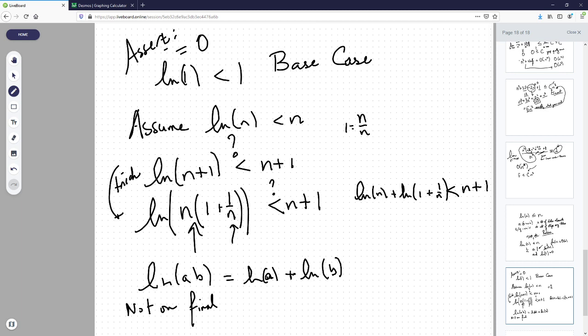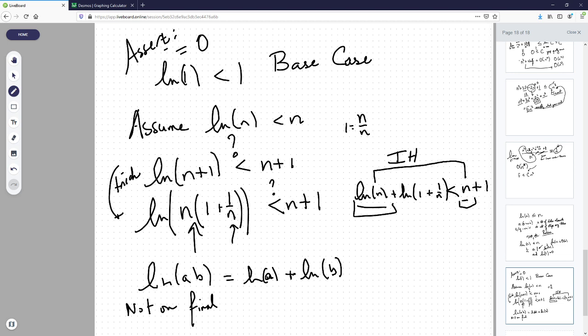Basically we're going to skip over a little bit of the details, I think. But what I will say is that we're going to apply the inductive hypothesis here. The inductive hypothesis already says that the natural log of n is less than n, right? So this part here is already done.